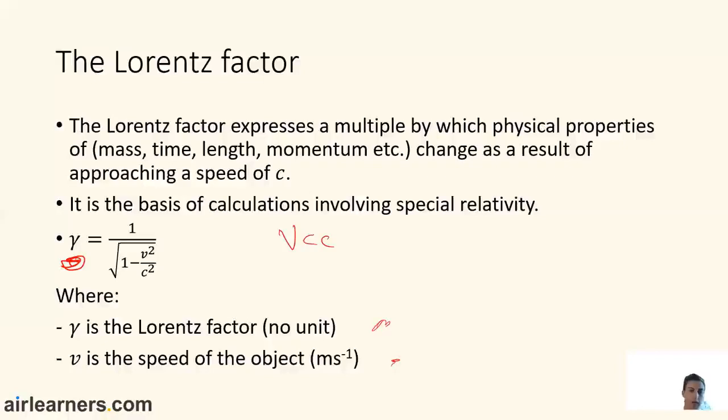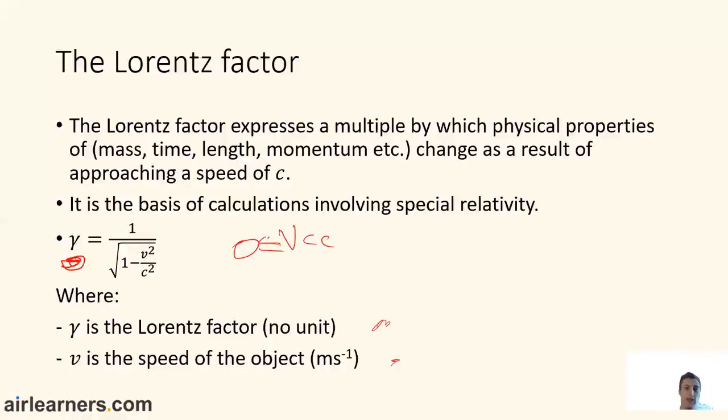And so in the end, we get this restriction with 0 is less than or equal to v, which is less than c. That's the only thing that you need to be aware of. So make sure when you put this into your calculator, v is always less than c, because if it is c, then we get an undefined answer, and that would result in some complications and issues when solving the question.